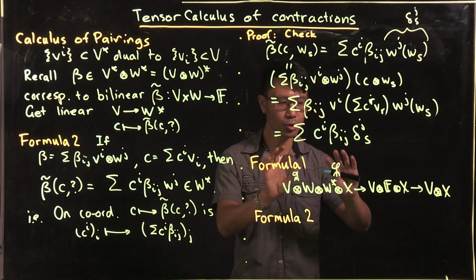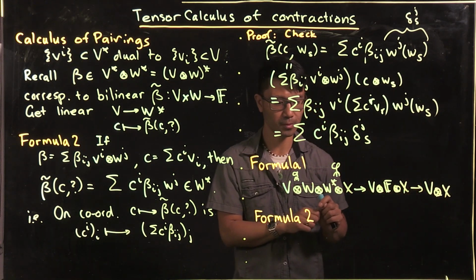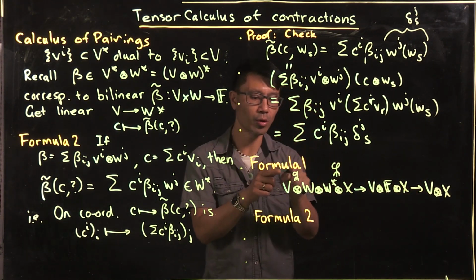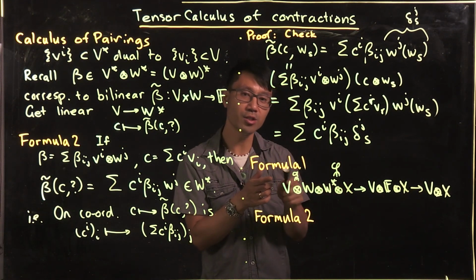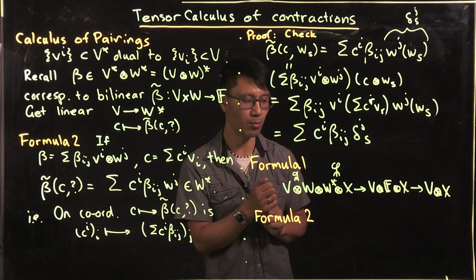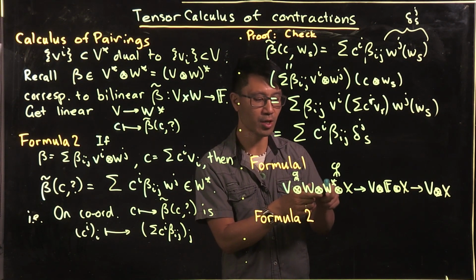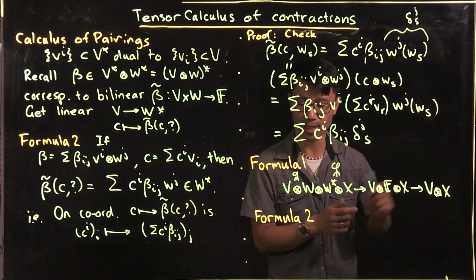So what we did is we want to work out what the coordinates of the image of this inside here are, using the coordinates of this and the coordinates of this. Now for the coordinates of this, you've used the i index for this V, j index for this W. For the W star, you use the j index for this and the k index for that. And you want to end up with an i and k.